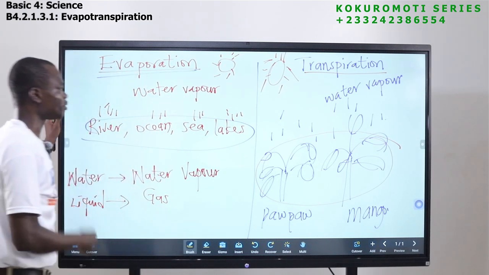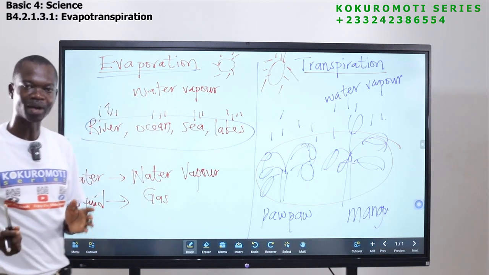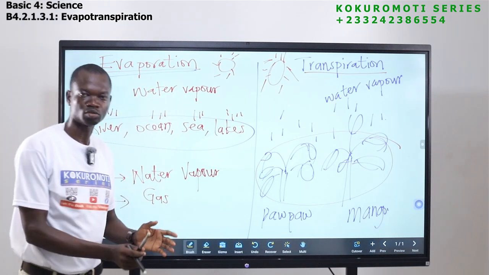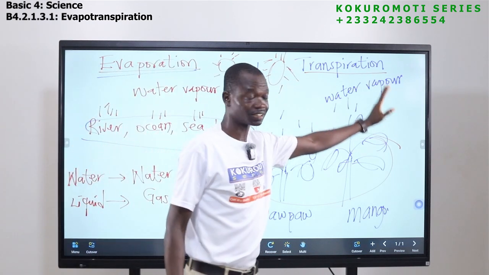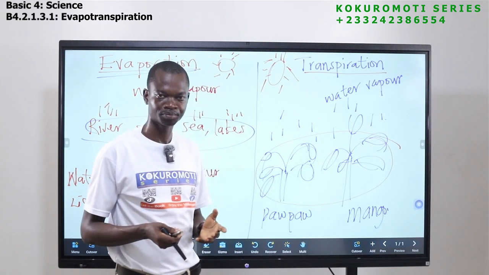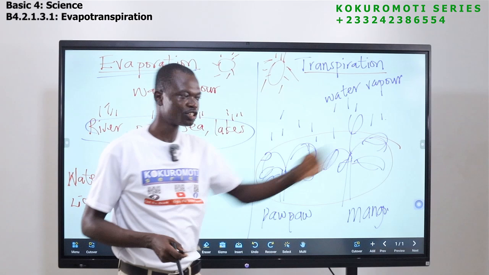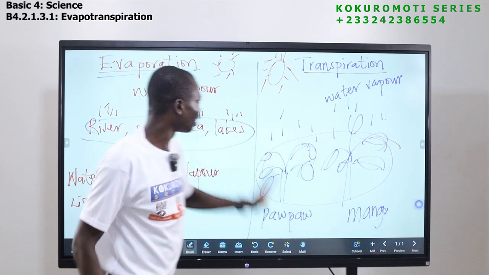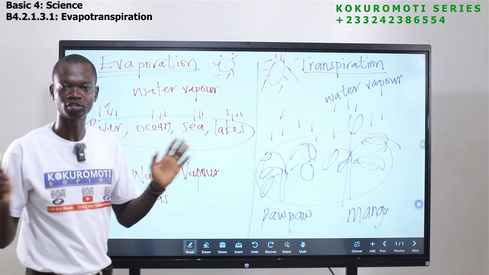Evaporation. So anytime you hear about evaporation, we are talking about water bodies changing into water vapor. And anytime you hear about transpiration, we are talking about plants losing water in the form of water vapor into the atmosphere. One common thing about evaporation and transpiration is that they all need a source of heat.